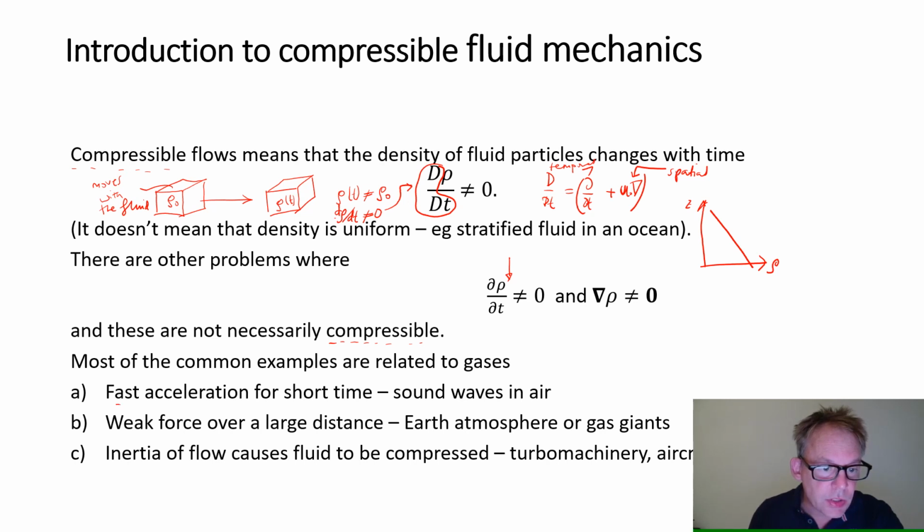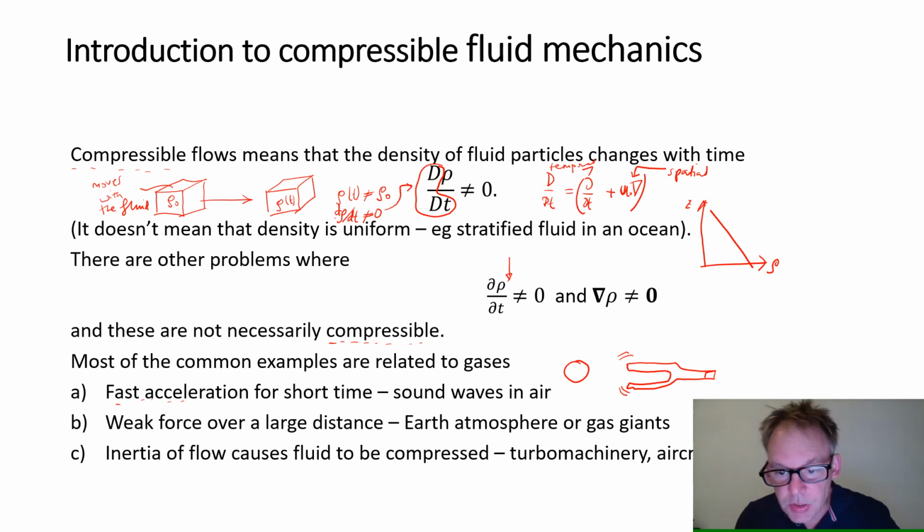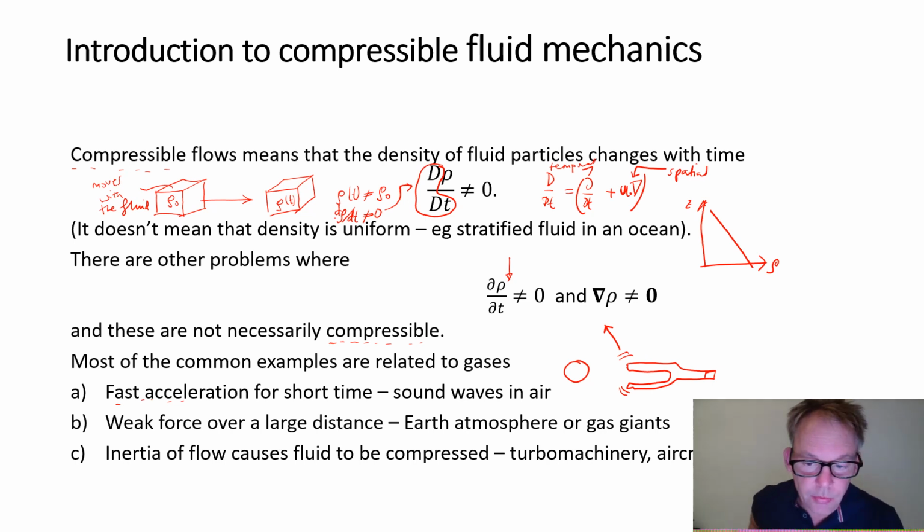So fast acceleration over a short period: we take an object, a ball or a tuning fork, and we vibrate those ends very rapidly, then that will create a sufficient perturbation in air to generate sound waves that can propagate. And so that's going to be the unusual element to this problem, that acoustic waves propagate through the medium.